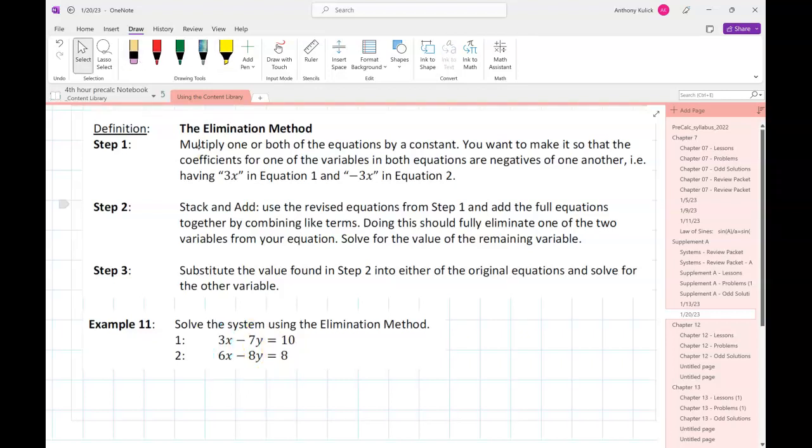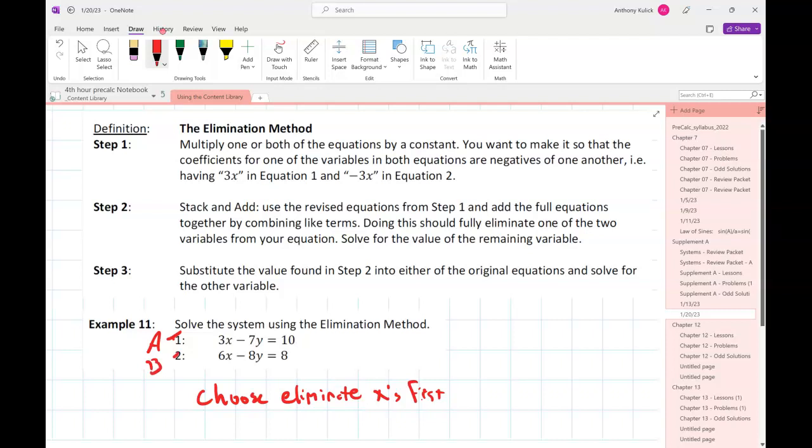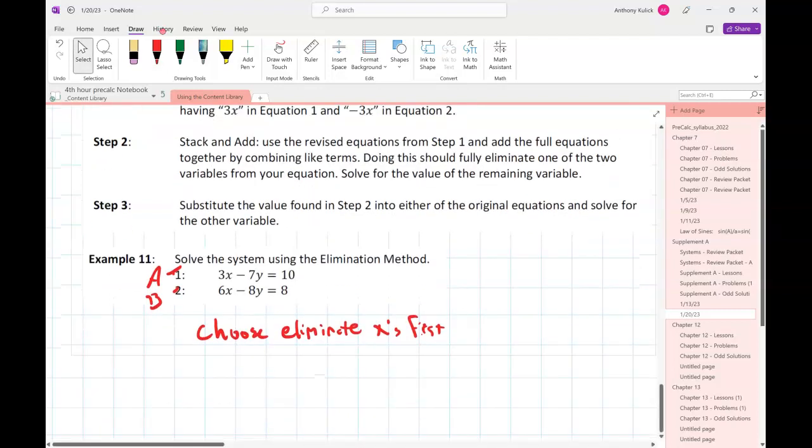That's what I'm going to choose to do. Okay. So what do I have to multiply equations, which I'm going to call A and B, by so that the coefficients on x are opposite?